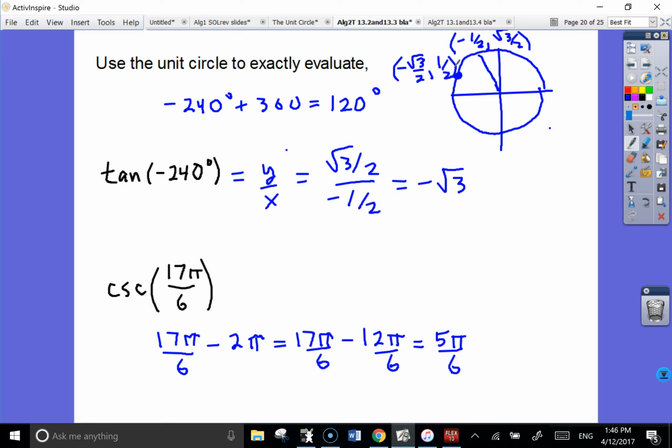So we want the cosecant. What's the definition of cosecant again? Not the opposite. The reciprocal. The reciprocal of the sine is the cosecant. So the cosecant of 17 pi over 6 is the same thing as the cosecant of 5 pi over 6, which is equal to 1 divided by the sine of 5 pi over 6.